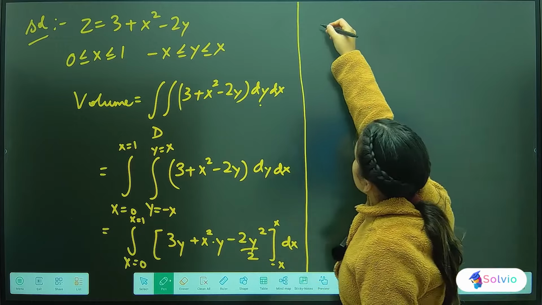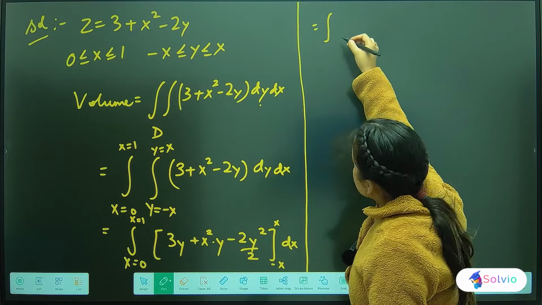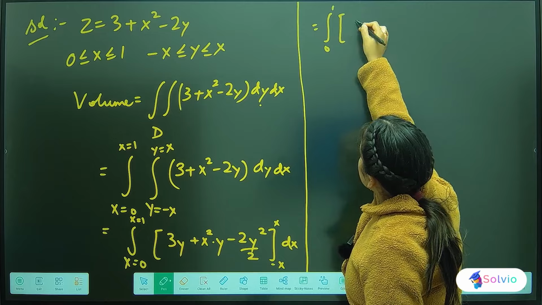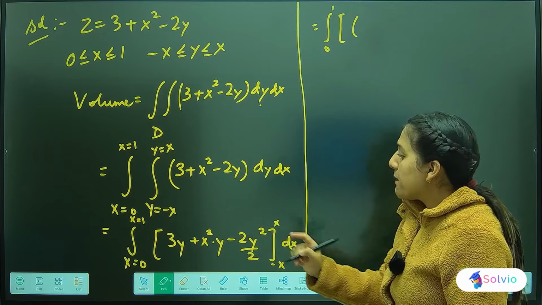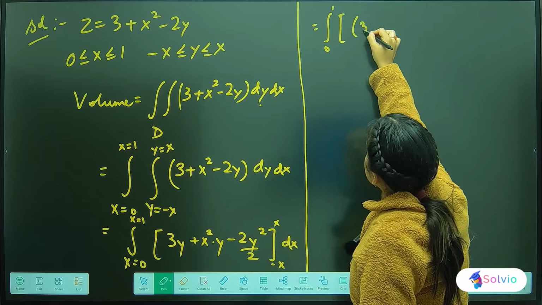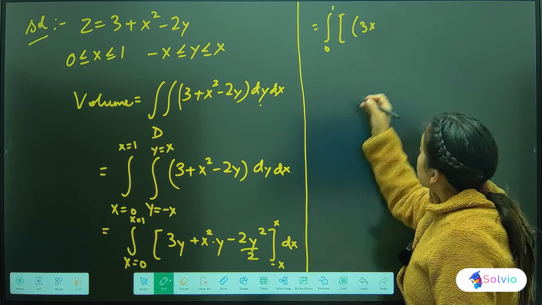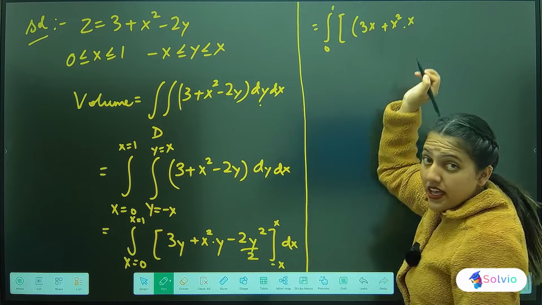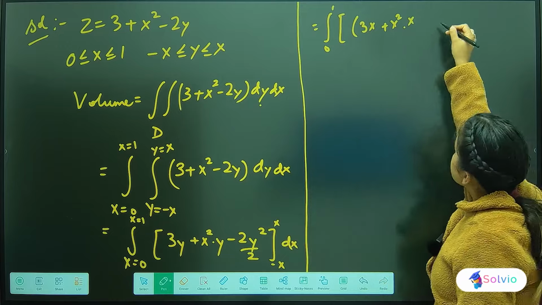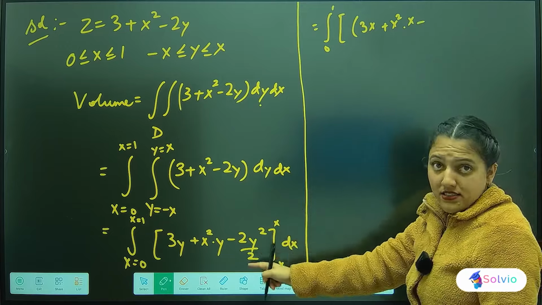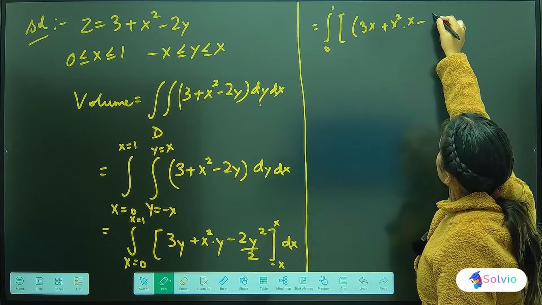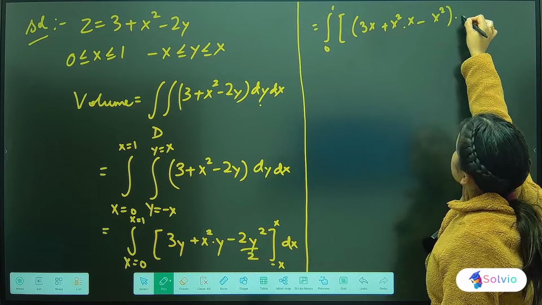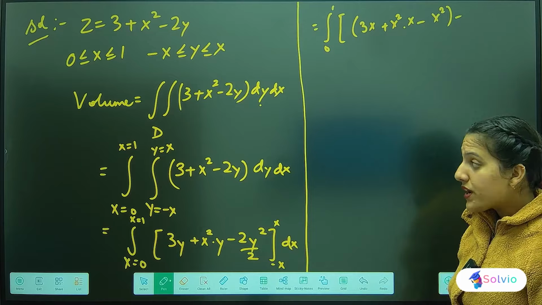So this becomes, for x from 0 to 1, bracket start: now I put the upper limit, so it becomes 3x + x^2 times x, and -2y^2/2 with y = x, the 2 gets cancelled and y^2 becomes x^2. Now I will put the lower limit.